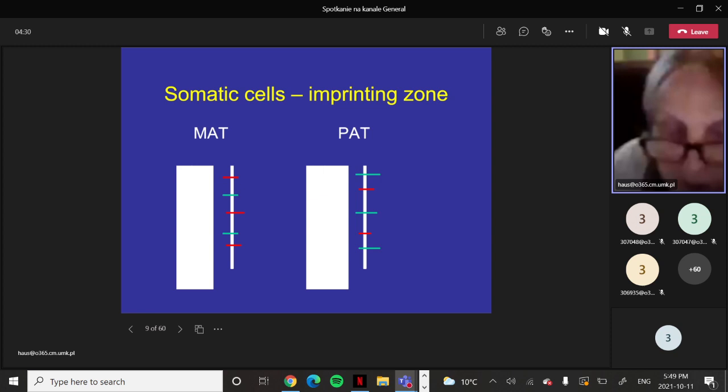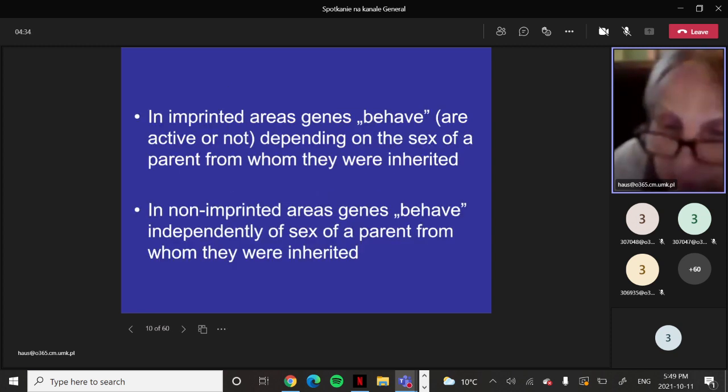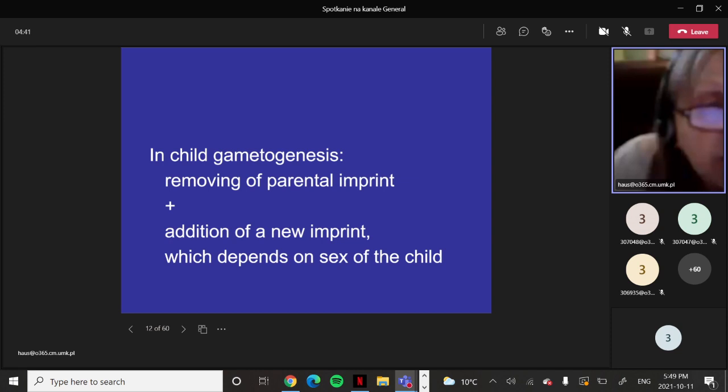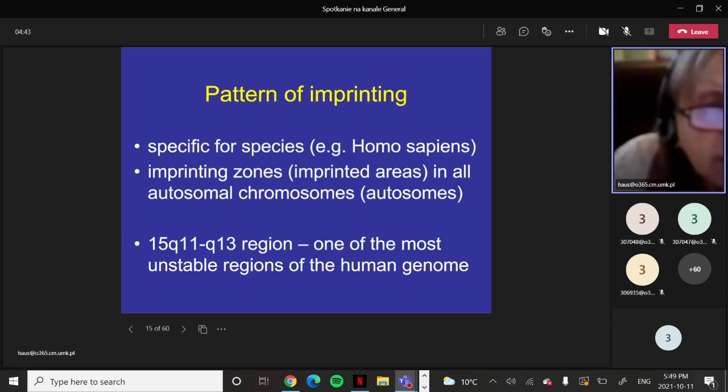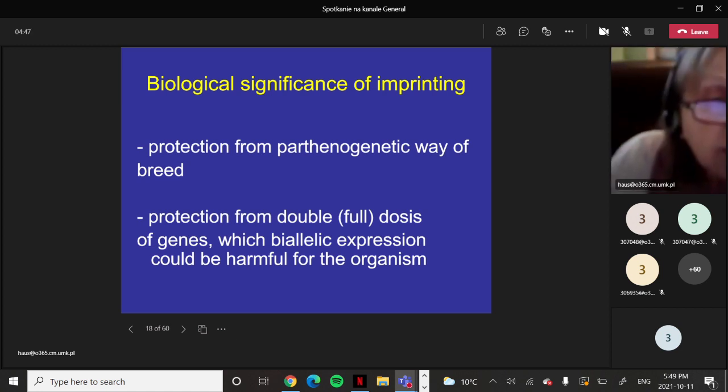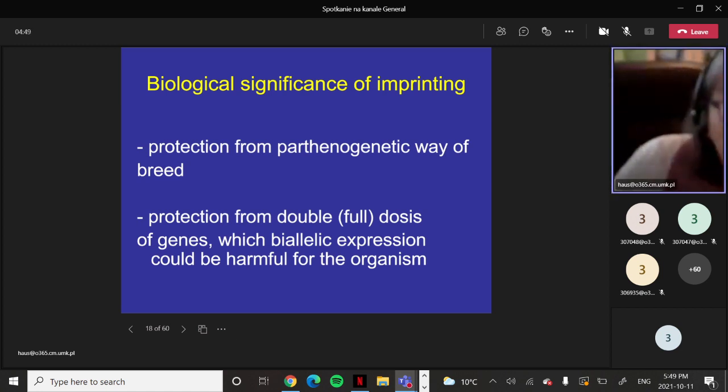Maybe because of pathogenesis, maybe because of other mechanisms. Yes, you will see that double doses of genes is not good for the development of the organism, that it may also cause genetic syndromes.